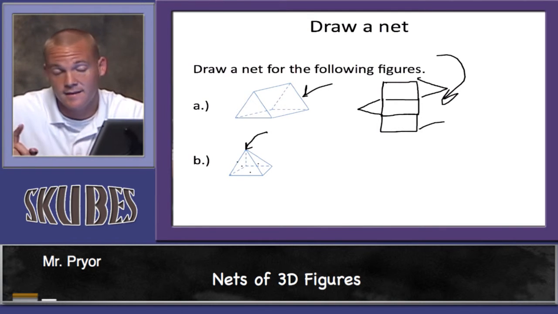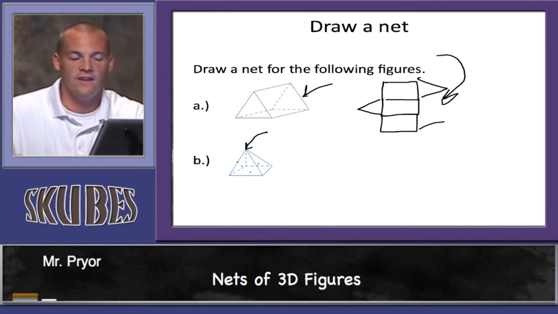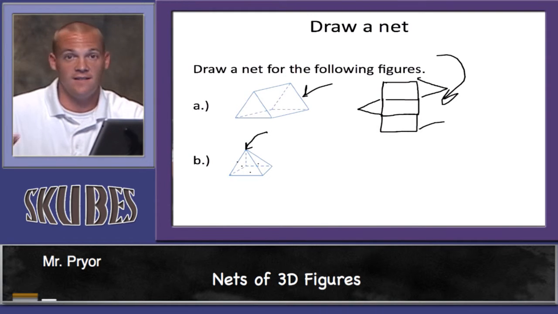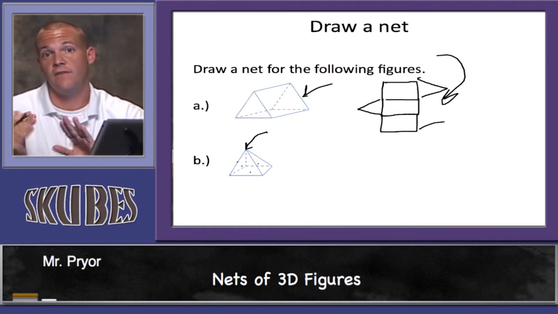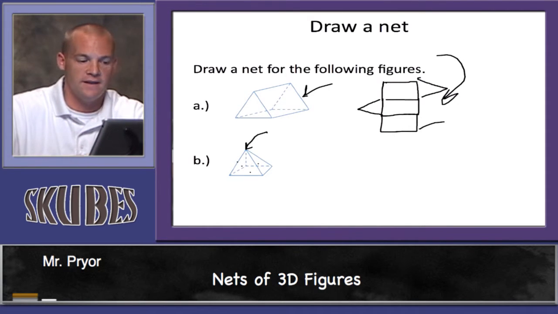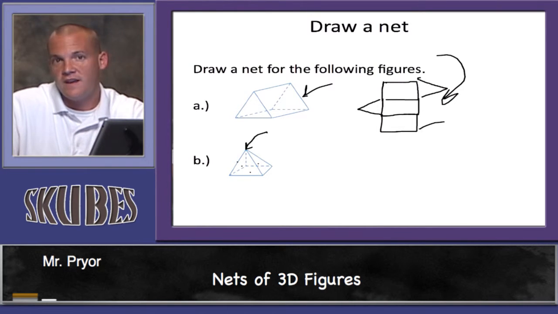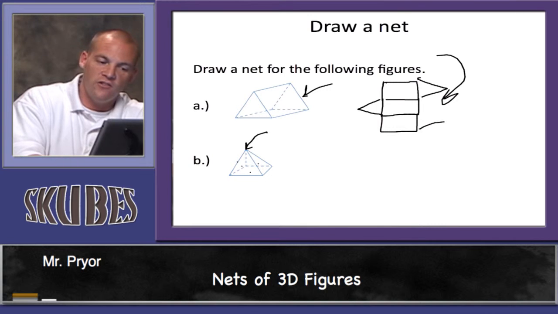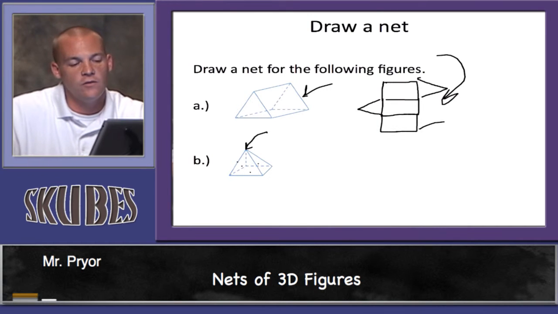It only has one base. That base again is what defines the name. It's still a pyramid because it has triangular faces, however what type of pyramid it is is defined by the base. In this case, we could call this a square pyramid or even a rectangular pyramid. It doesn't really show us if it's a square or not, so we'll just refer to it as a rectangular pyramid.